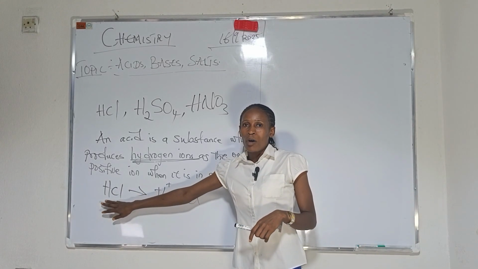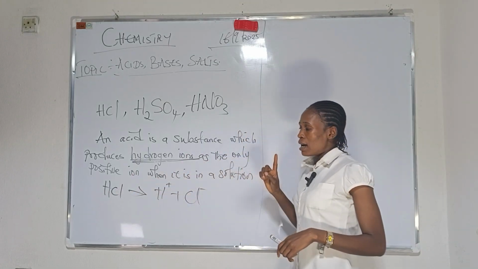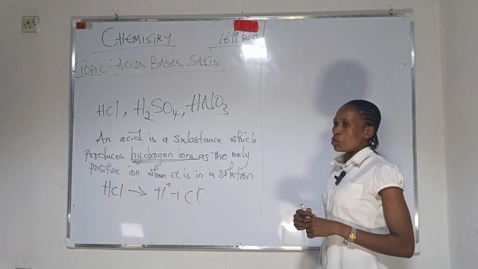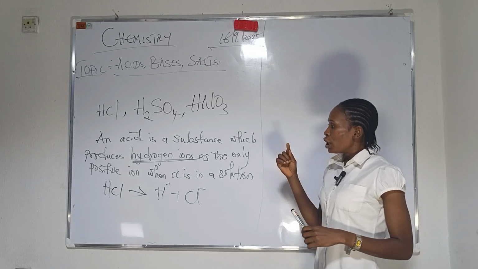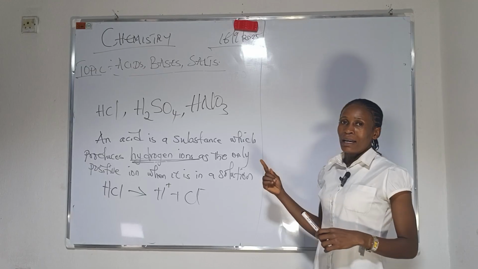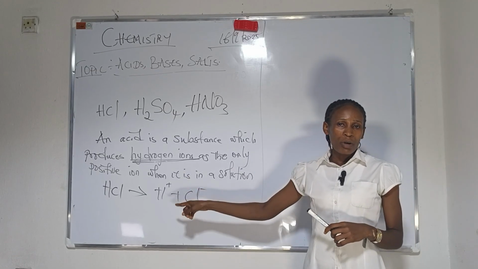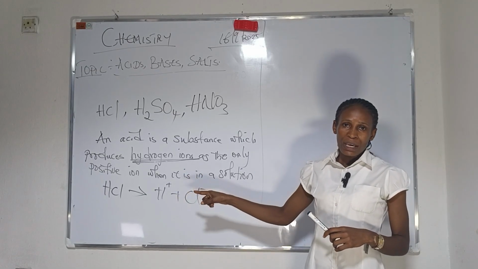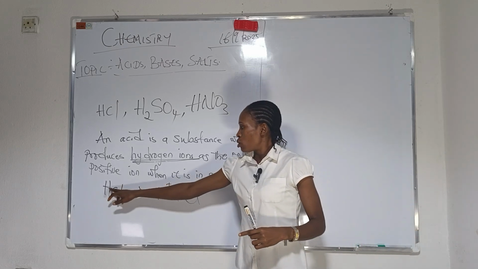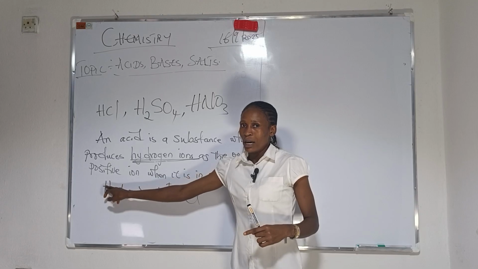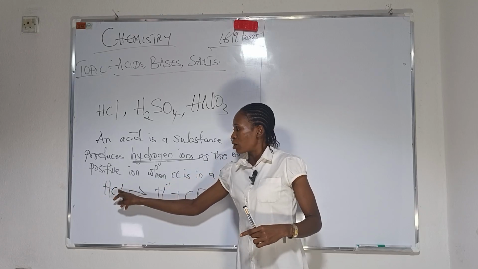Looking at this very compound, it comes as a result of electrovalent chemical combination. Hydrogen is trying to behave like the noble gases, and chlorine as well is trying to behave like the noble gases, by coming together to meet each other.